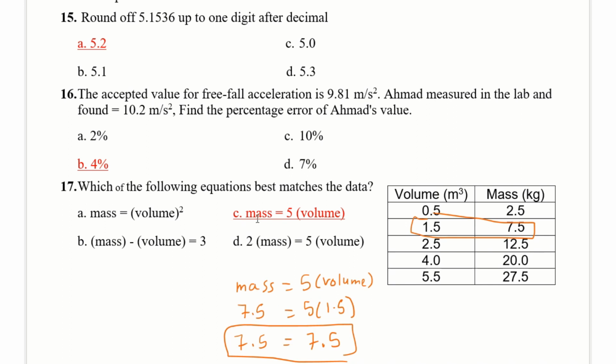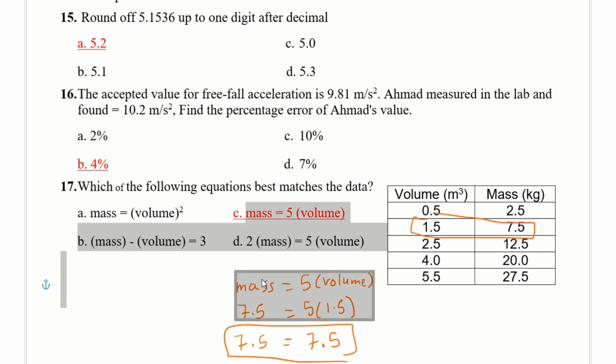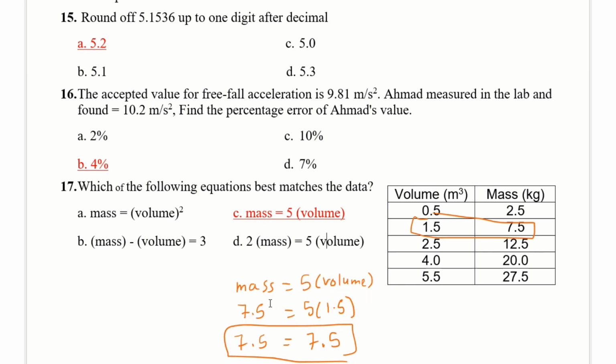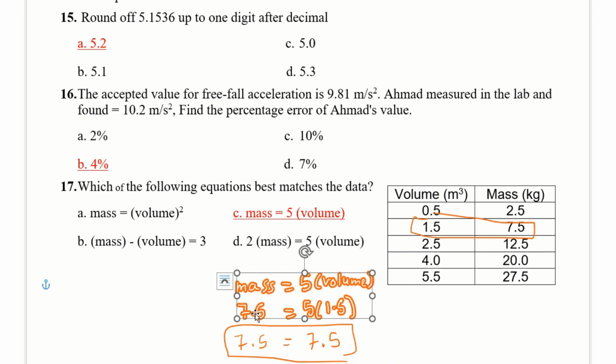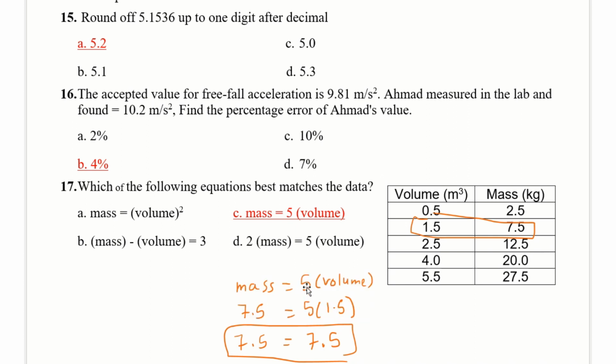I just write the same equation, mass equals 5 times volume. I choose the second row, so 7.5 is the mass, equal to 5 times 1.5. You will get the same number on each side of the equation, so this is the correct answer, C. I tried A, B and D, they were wrong.